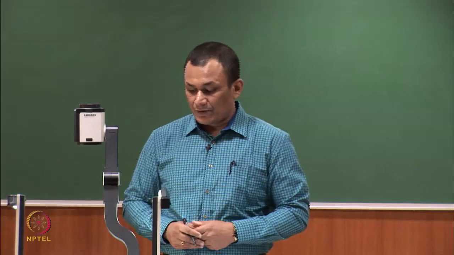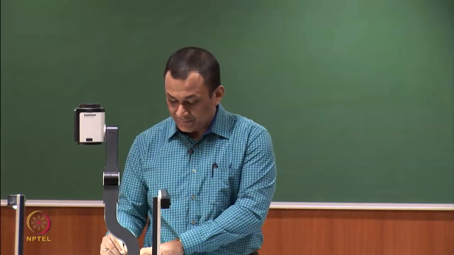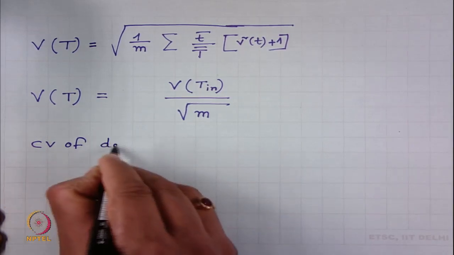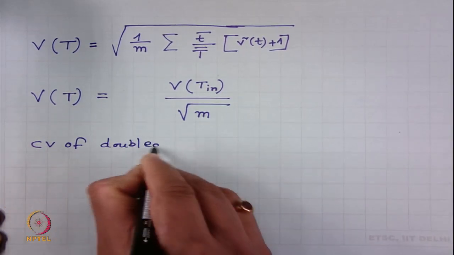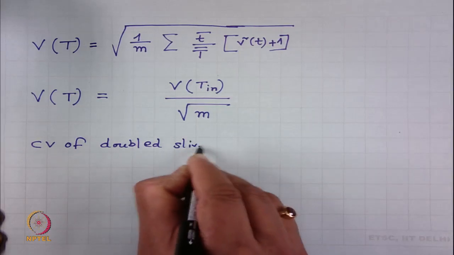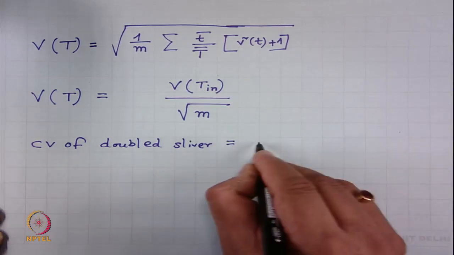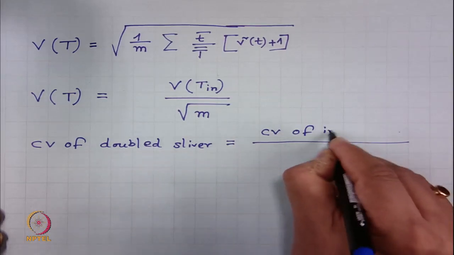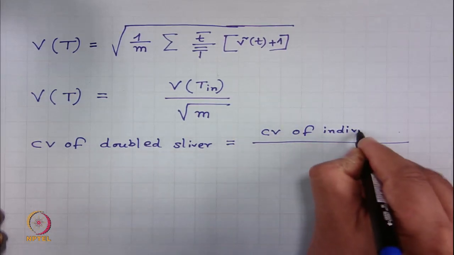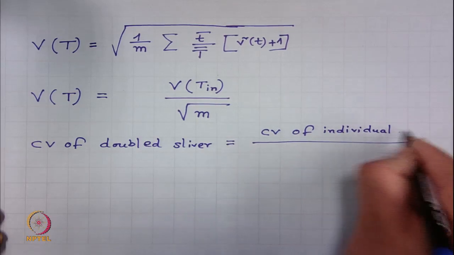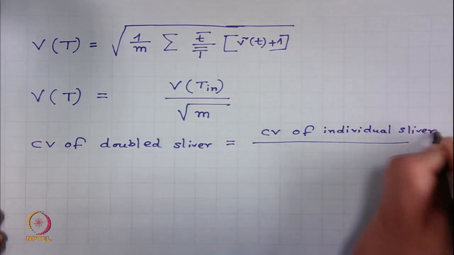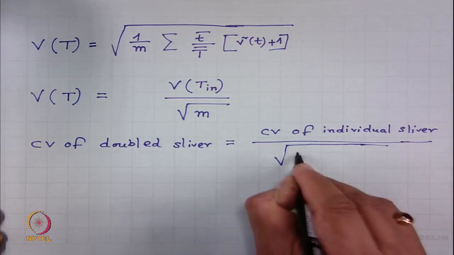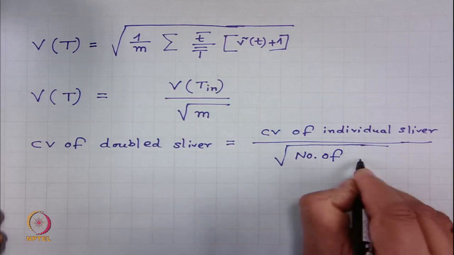So, you have often seen this expression: CV of doubled sliver is equal to CV of individual sliver divided by number of doubling.